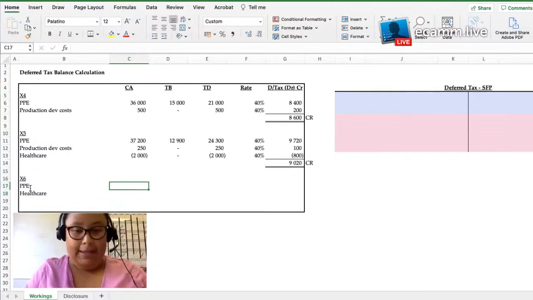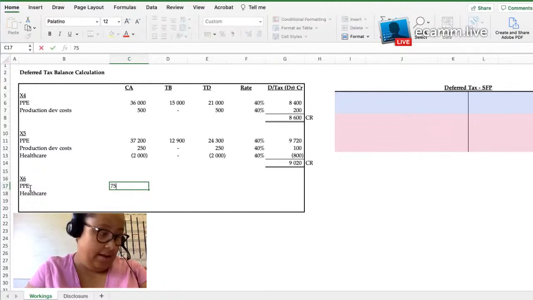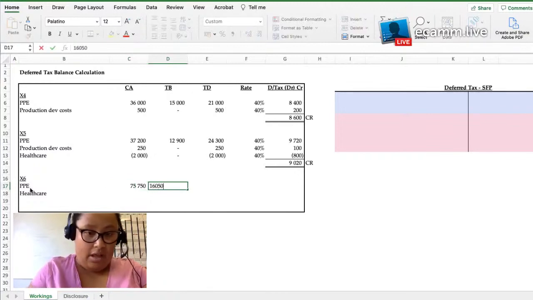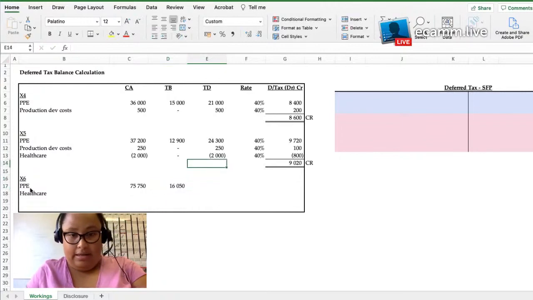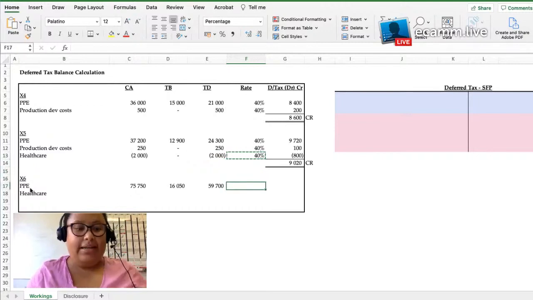Okay, now with the PPE, the new carrying amount for PPE is 75,750. The tax base is 16,050. Okay, temporary difference is 59,700. Now, what is the tax rate?